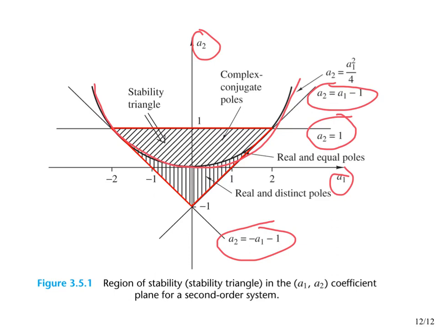If we want complex conjugate poles, we need to be in the upper part. If we want real and distinct poles, we need to be in the bottom part. This gives us a way of constraining a design to be sure that it's going to be stable, which is a nice ability to have.